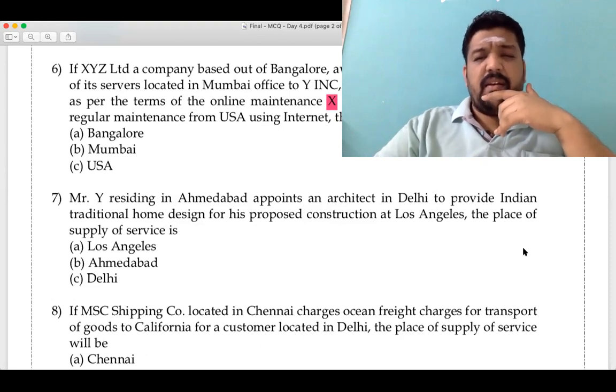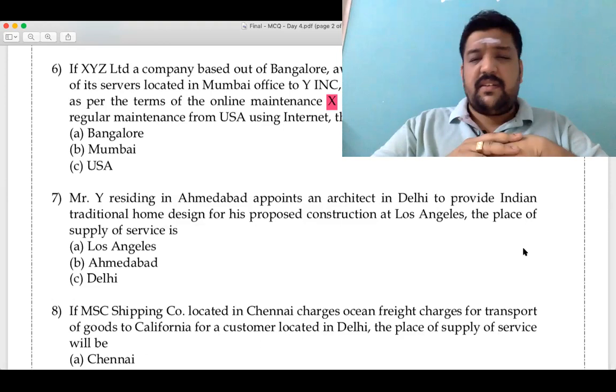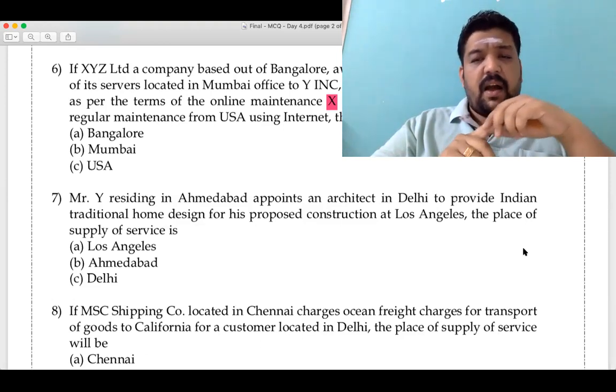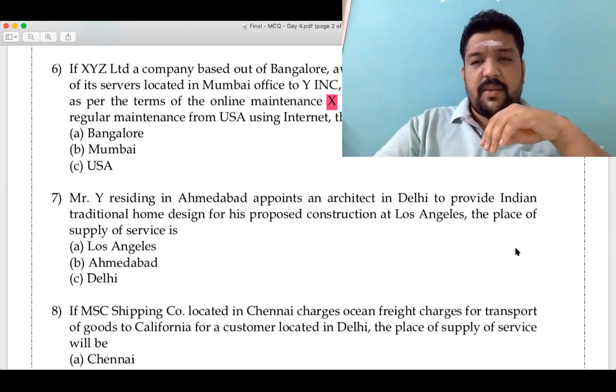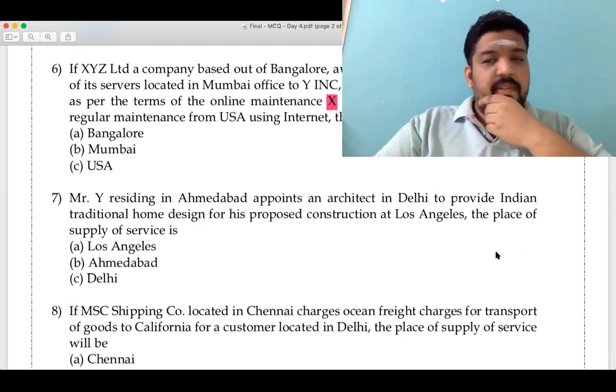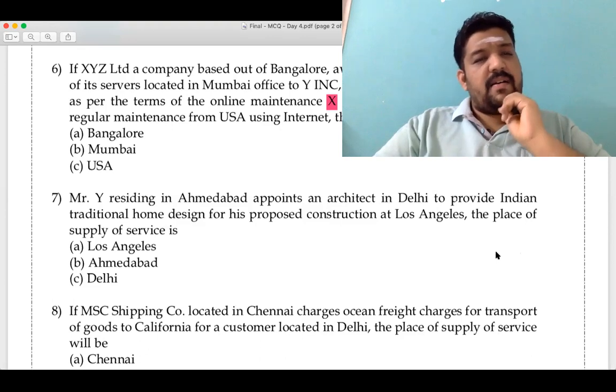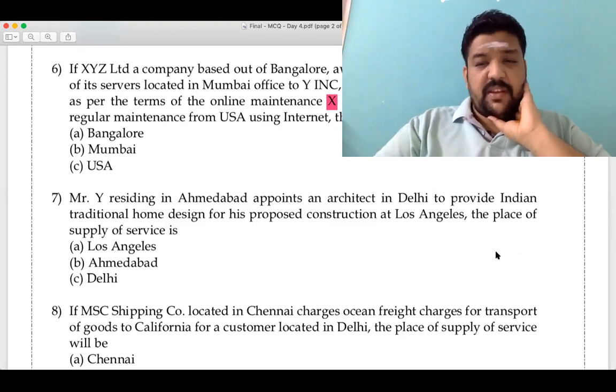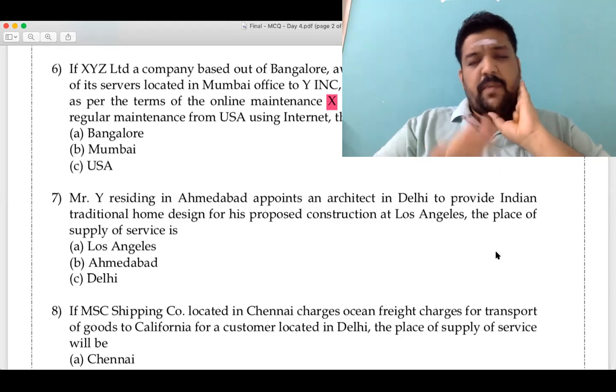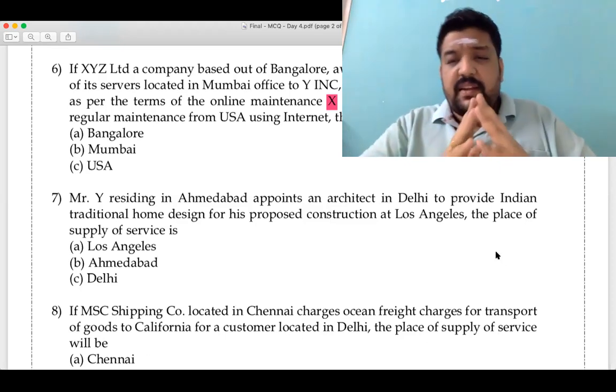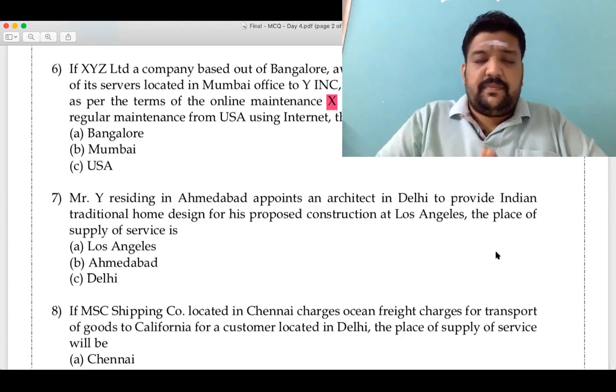Quick. Only 4 of you have answered. Ambika, check your answer. Lakshmi Shruti, check your answer. Otherwise, till now, whoever answered, all of you are right.